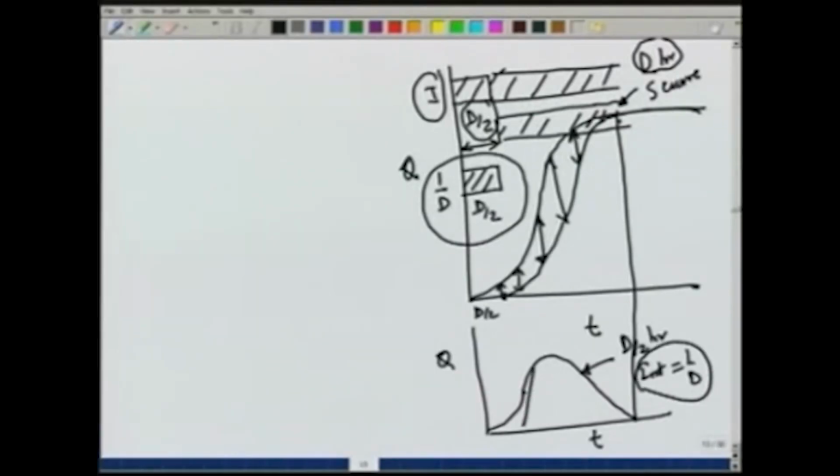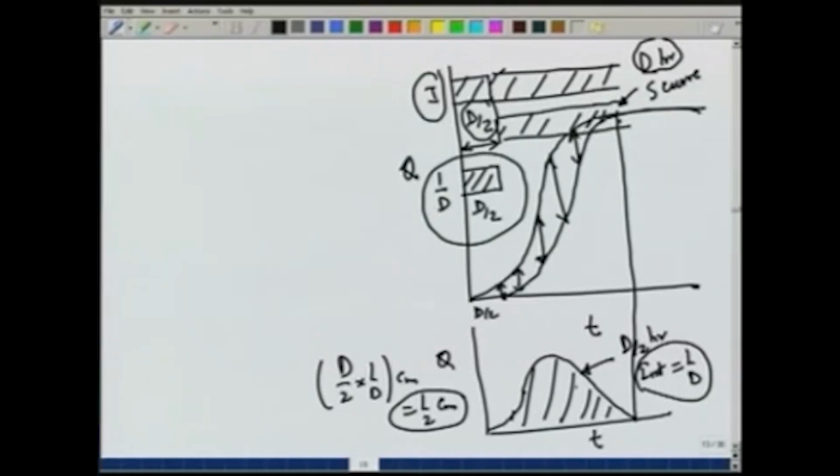Therefore, the volume of this will not be equal to 1 centimeter of depth, it will be d by 2 into 1 by d, which is half centimeter depth. So, this direct runoff represents half centimeter of rain over the entire catchment.